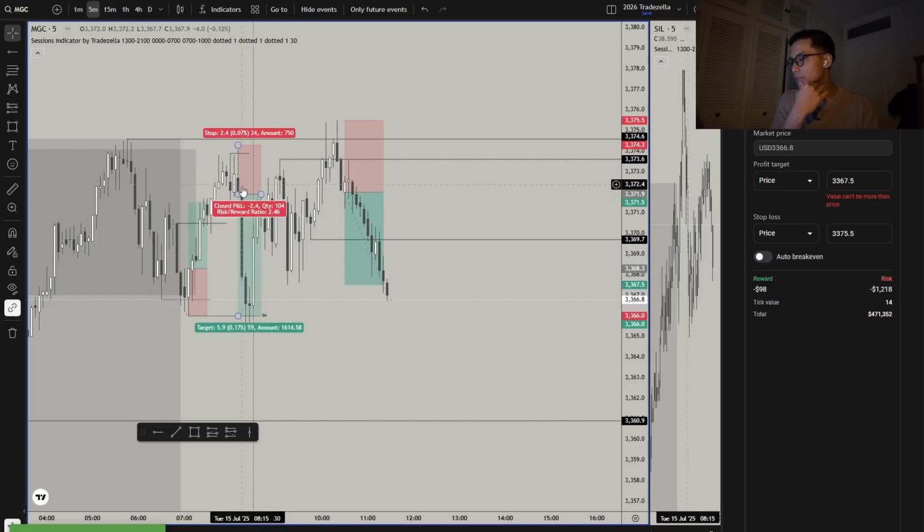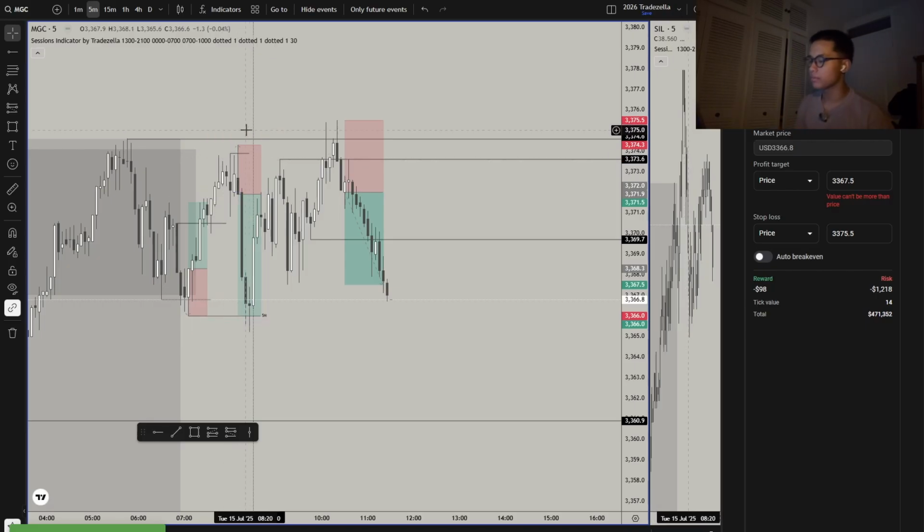That was a nice rejection candle though. So it might just be that whenever price is wicking, there's also a point of liquidity to be swept for a reversal.